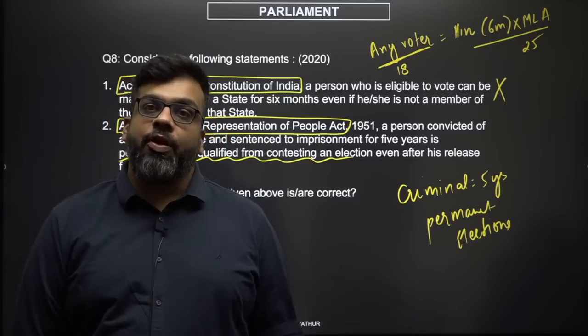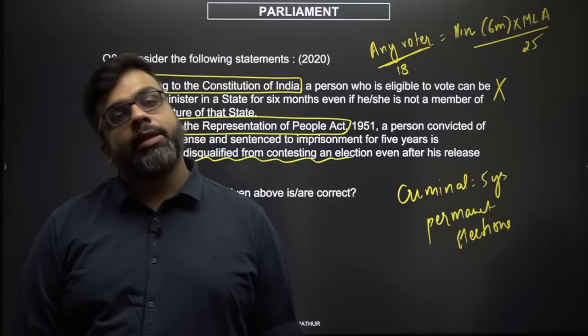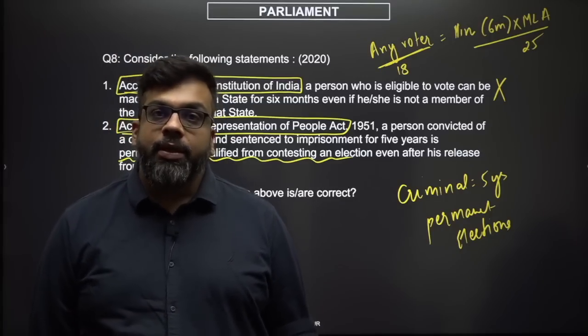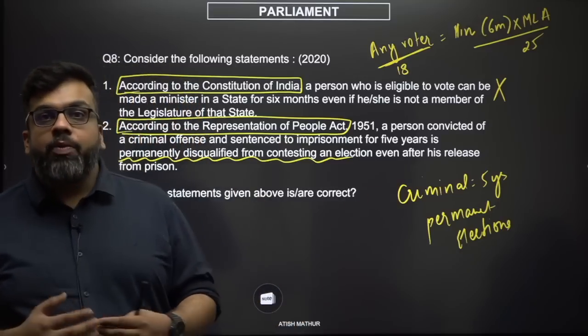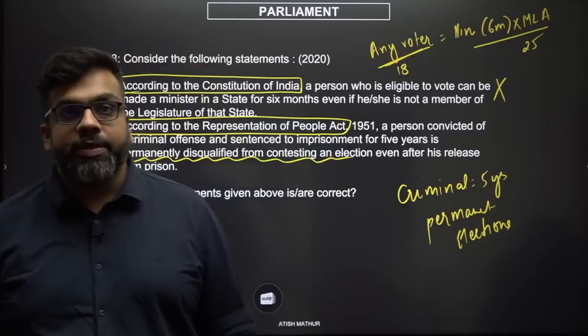What happens to the theory of punishment that once a punishment has been met, a person must be entitled to resume their ordinary life? And think about it, if this was the case, then how would you ever give a chance to the person to come back and live a worthwhile life in society?